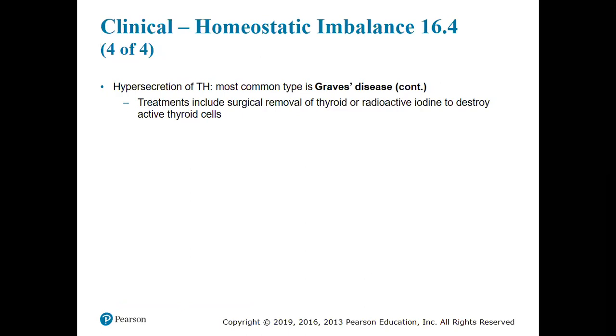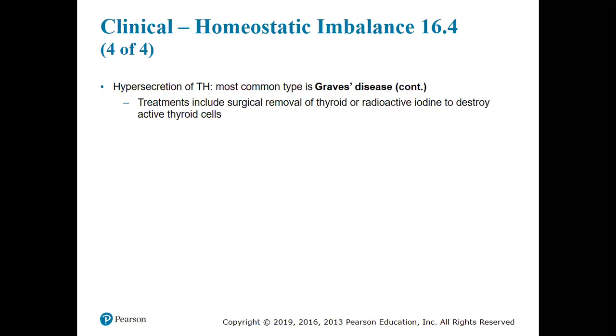What are some things we can do in the hypersecretion situation? Well, I already told you about the radioactive iodine because of the T3 and the T4, and we showed you that whole scheme, how iodine has the affinity for T3 and T4. So let's put a little radioactivity on that iodine. It's not going to go anywhere else in the body, connect to anything, or harm anything else because of its affinity and specificity.